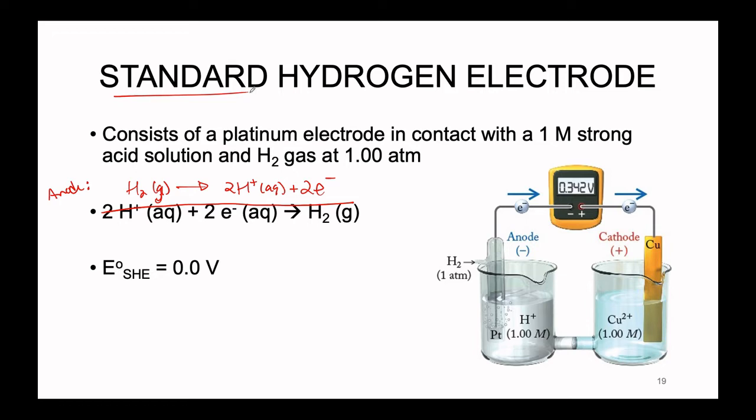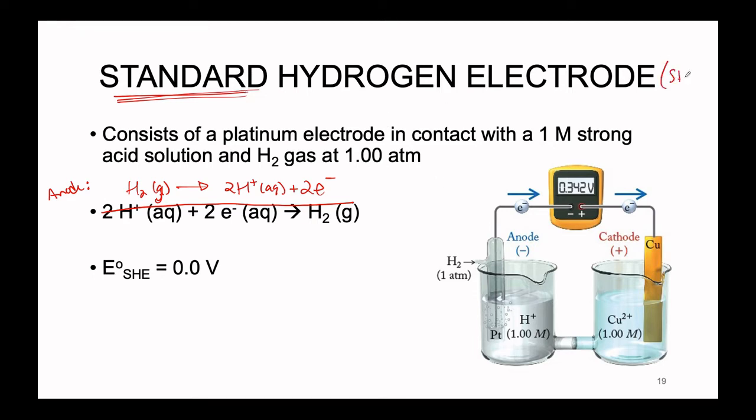Similarly, with electrochemistry, we have just introduced a standard concentration, a standard pressure, but we also have to have a standard electrode as well to make sure that the rest of our potentials that we have on record are all relative to something. And the standardized electrode that we use is the standard hydrogen electrode.